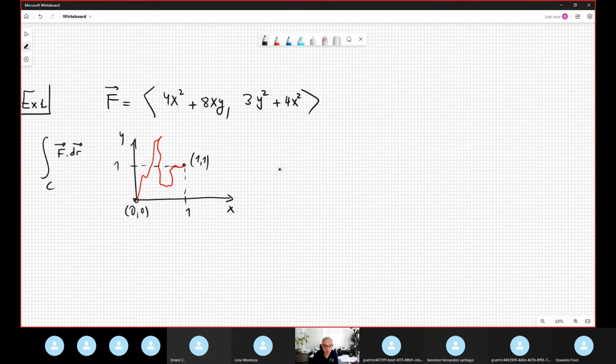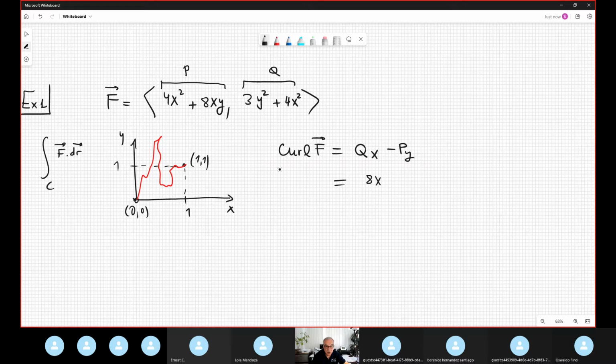Okay, let's do it. The formula for the curl in 2 dimensions is q_x minus p_y. This expression is p. This expression is q. The partial derivative of q with respect to x is 8x, no?